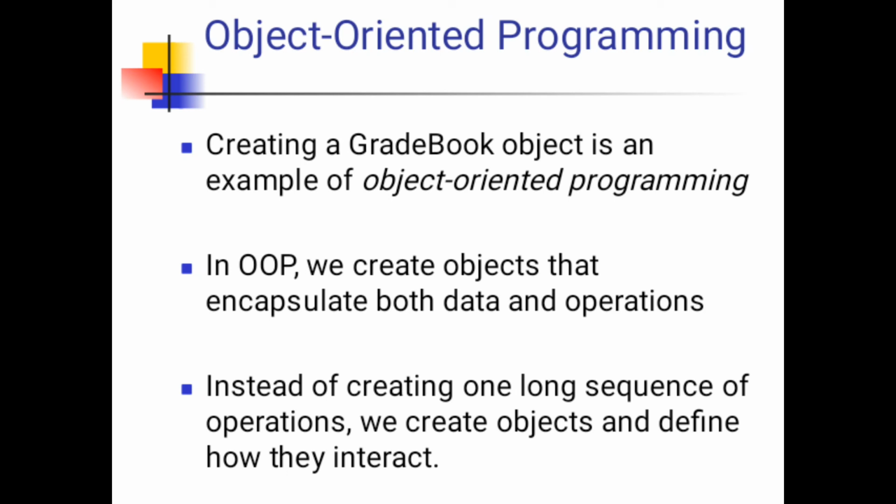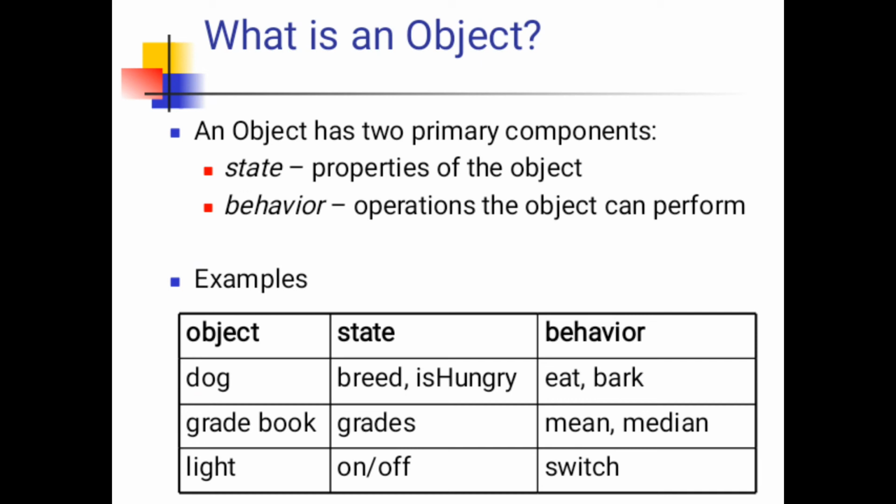In our subsequent lectures, we are going to talk about objects and classes. In OOP, as you see in the slide, we create objects that encapsulate both data and operations. Instead of creating one long sequence of operations, we create objects and define how they interact. Let's look at the next slide.